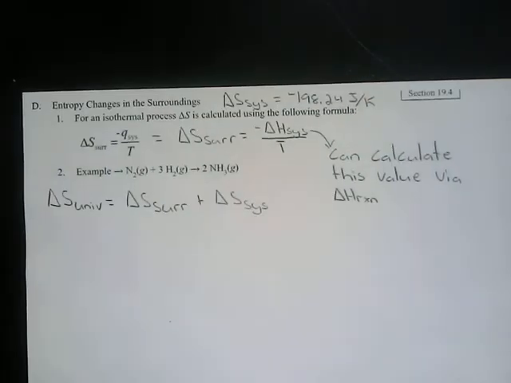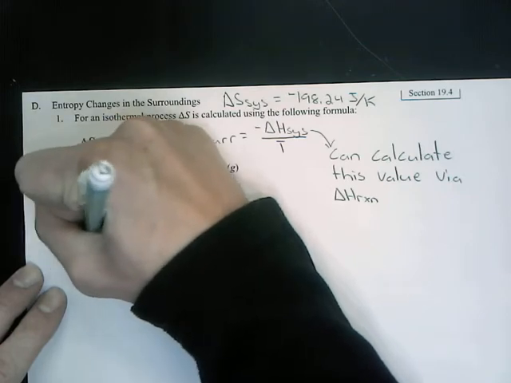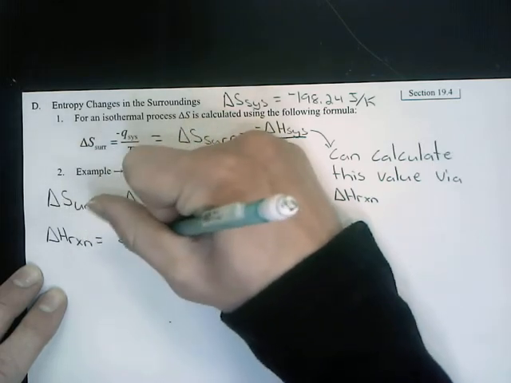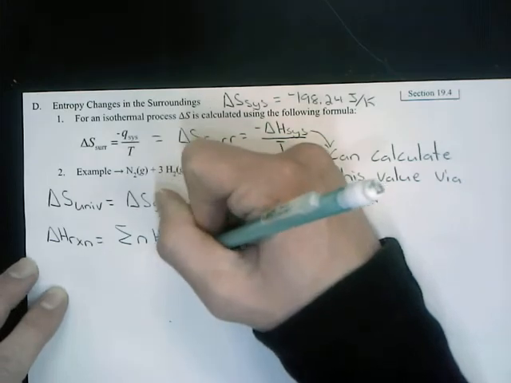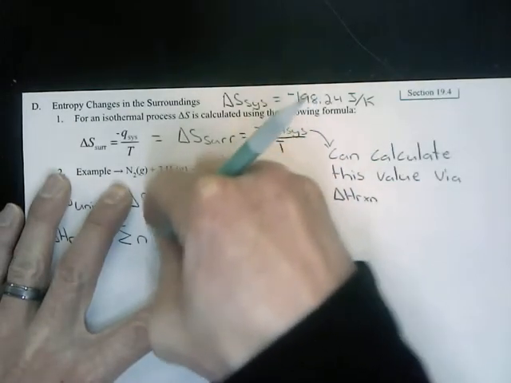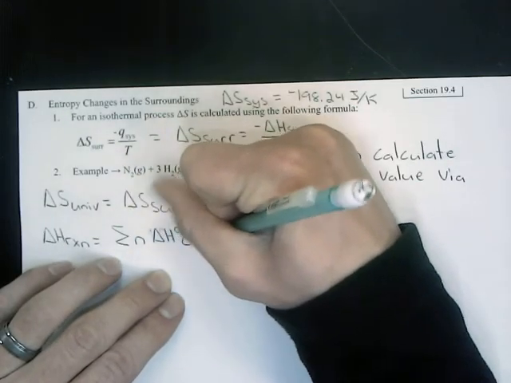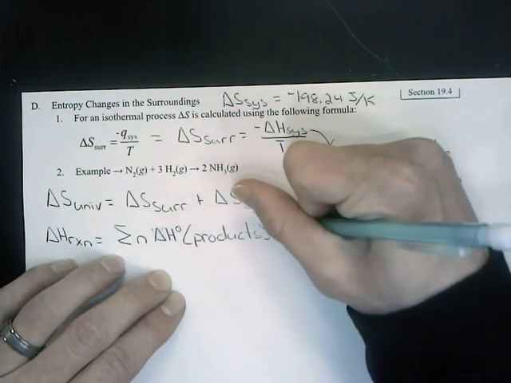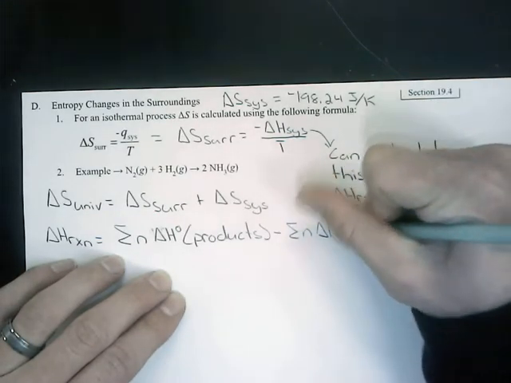A little extension here: our delta H of the reaction is, remember, equal to the sum of the number of moles times your standard enthalpy, your delta H, of your products, minus the sum of the number of moles times the delta H of your reactants.